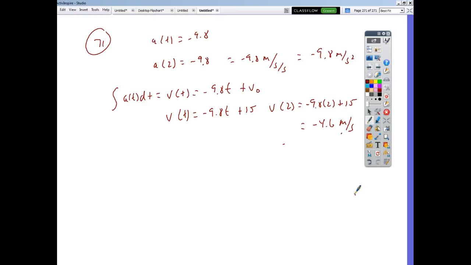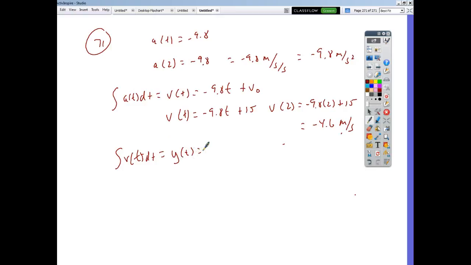Okay, so velocity is done. Now I want to change it to displacement. How do I turn velocity to displacement? I'm going to integrate again. The integral of velocity with respect to time is going to be displacement. We'll call it y of t.